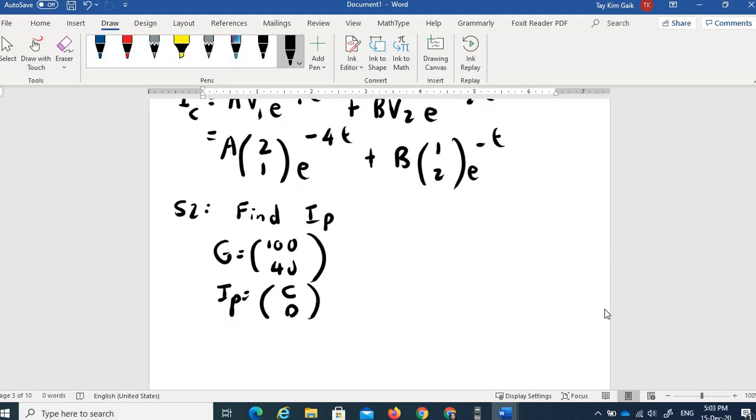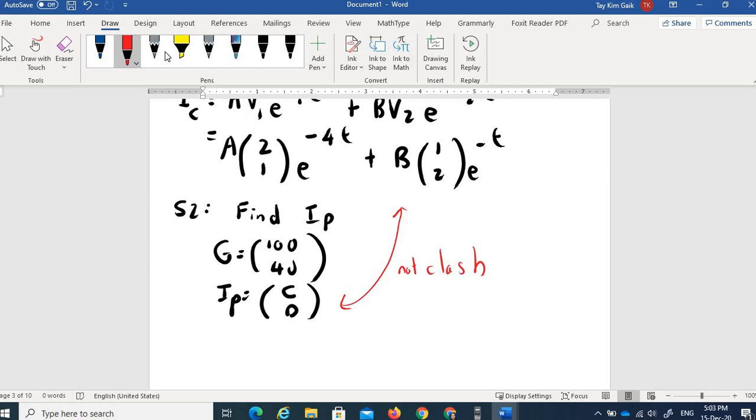After you choose IP as the constant vector CD, compare with the IC, which is constant times exponential, so it's an exponential term. This is constant, so it does not clash, because when you expand, this is 2A exponent negative 4t plus B, 1 times exponent negative t.